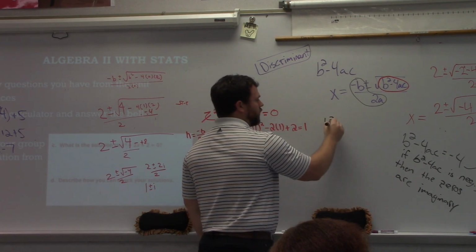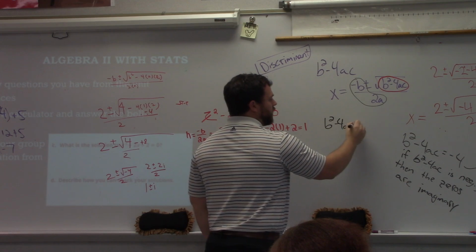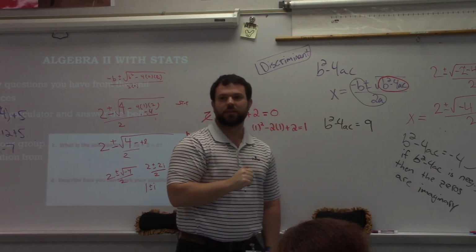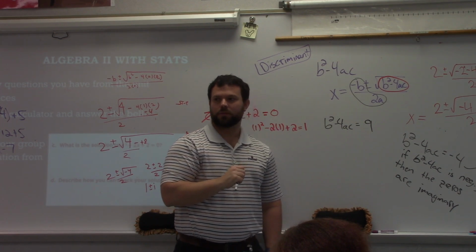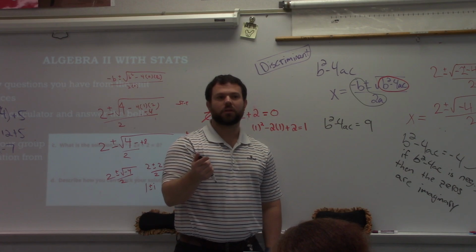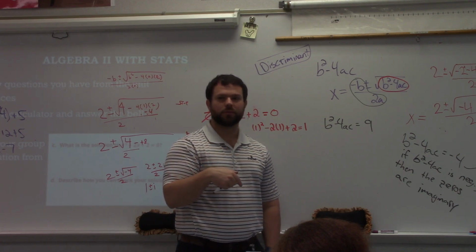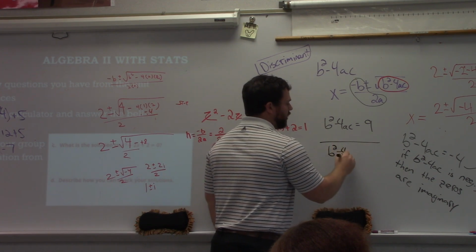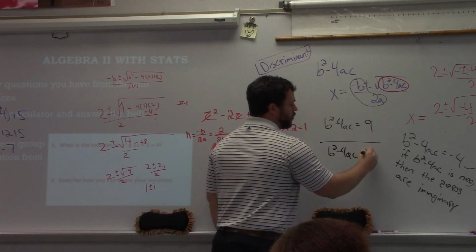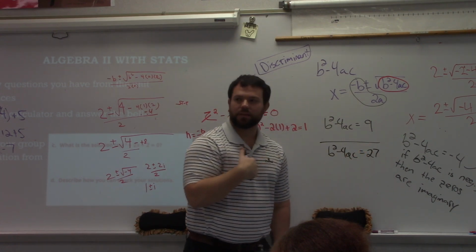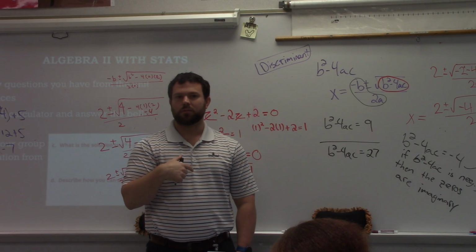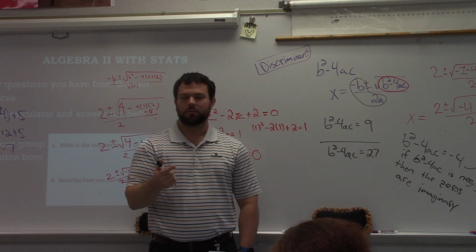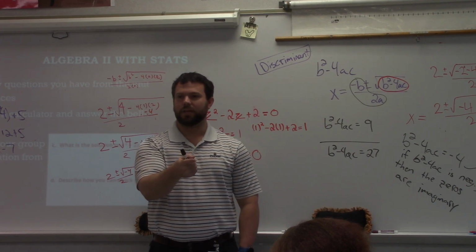In a similar way, if b squared minus 4ac is equal to something like 9, can you take the square root of 9 easily? So you're going to get rational zeros if you can easily take the square root. But if b squared minus 4ac equals something like 27, can you easily take the square root of 27? So what kind of zeros are you going to get? Irrational, right?